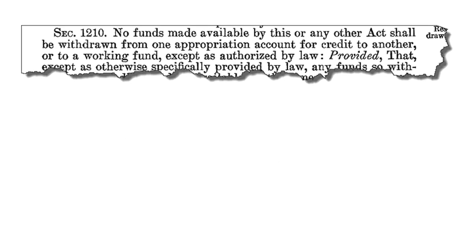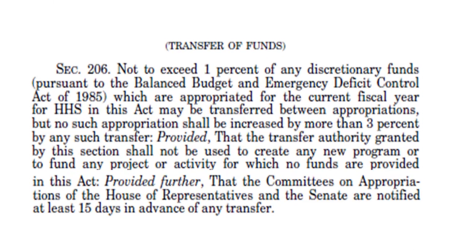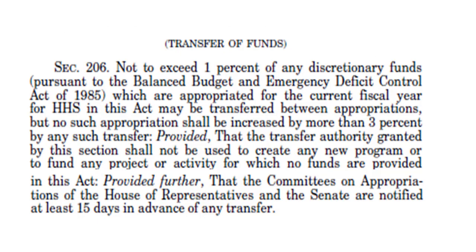In 1950, in the General Appropriations Act of 1951, Congress restricted transfers except where specifically authorized by law. Here's an example of such an authorization. Under this authority, the Secretary of Health and Human Services can transfer up to 1% of any discretionary funds from one appropriation to another with a notification 15 days prior to transfer.